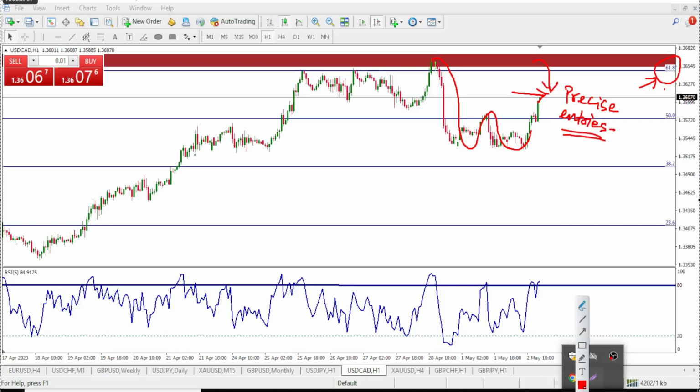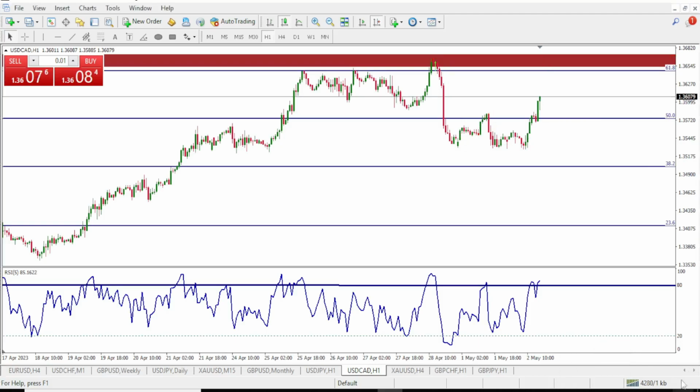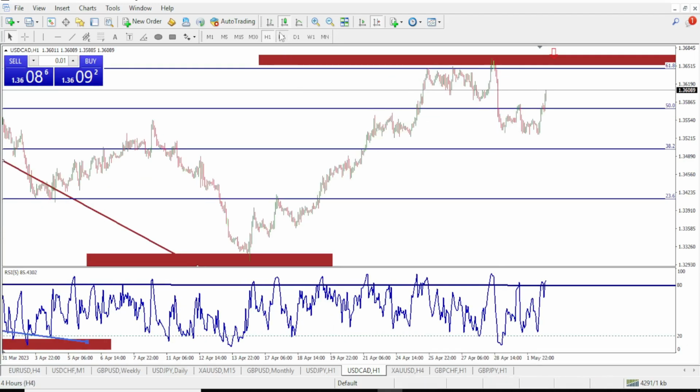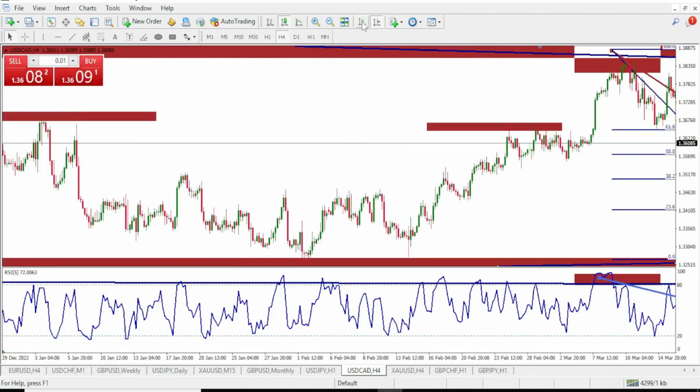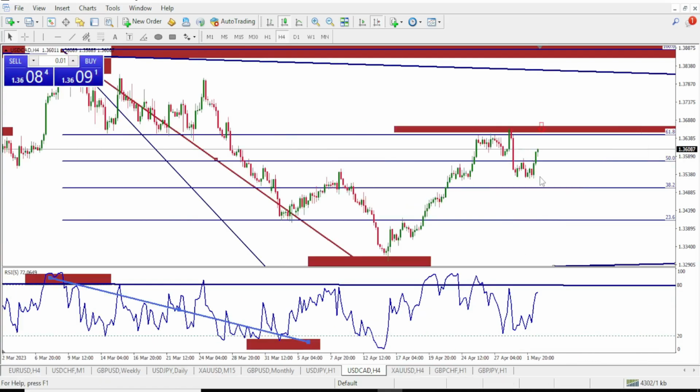So what I need to do for that is, obviously, I can wait for a double top up there. Let's see that on the H4.